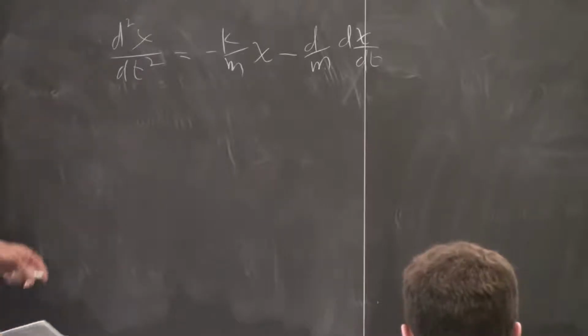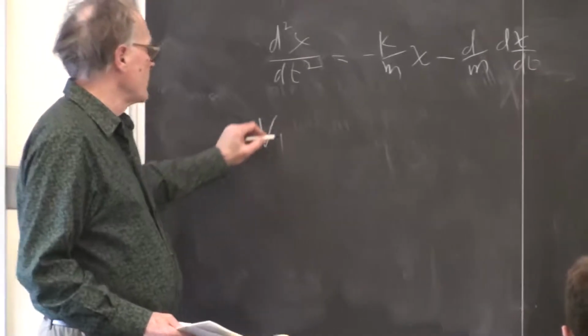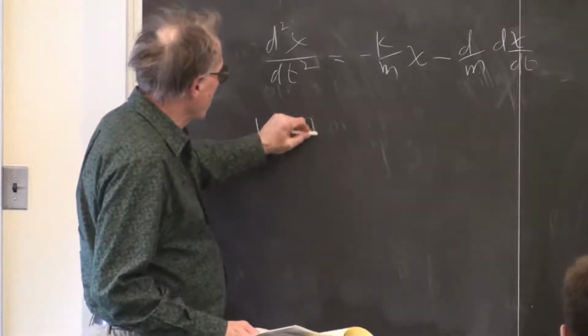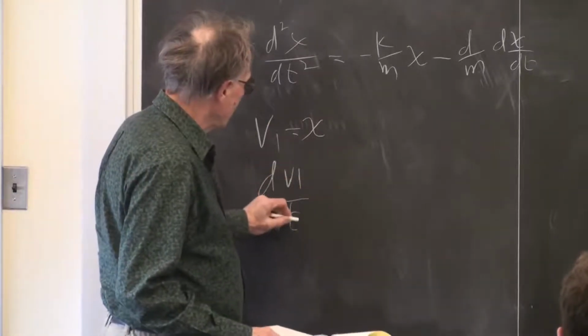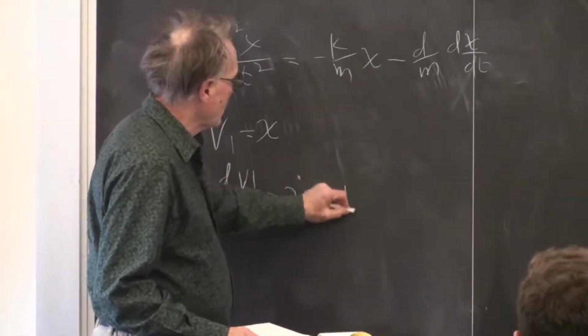We're going to notice that if we give some variable v1 equal to x, then dv1 by dt is equal to x dot. We're going to call that v2.